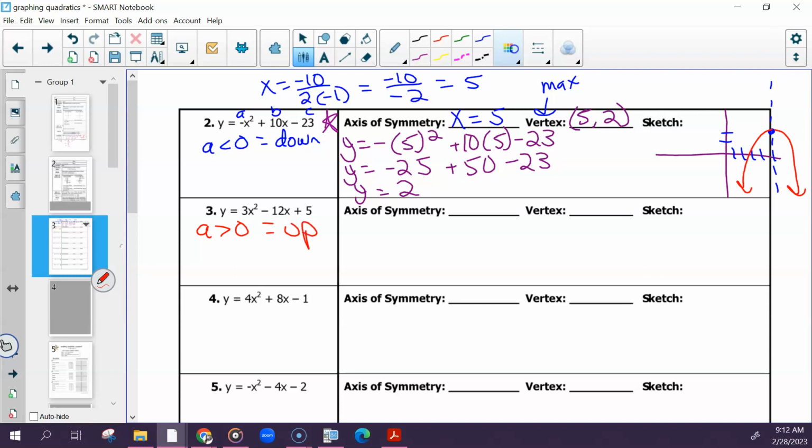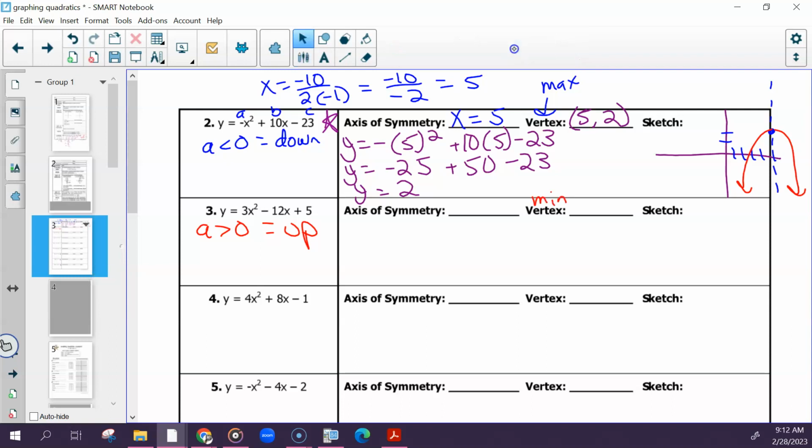That's what this means. A is greater than 0, it's positive. A is less than 0, it's negative. I'm just writing it so it helps you. So that means our vertex is going to be a maximum or a minimum. The lowest point or the highest point? Lowest.